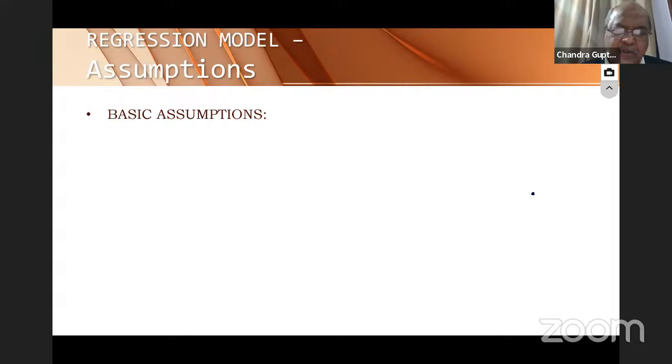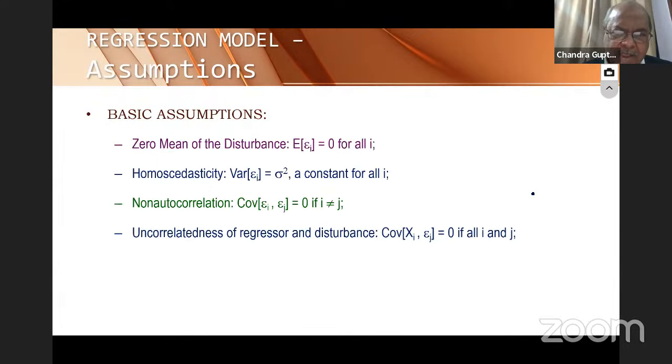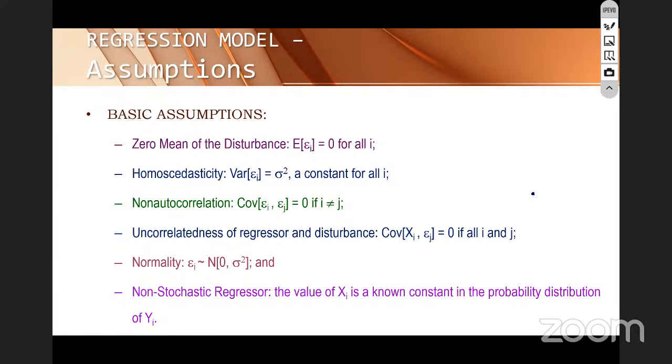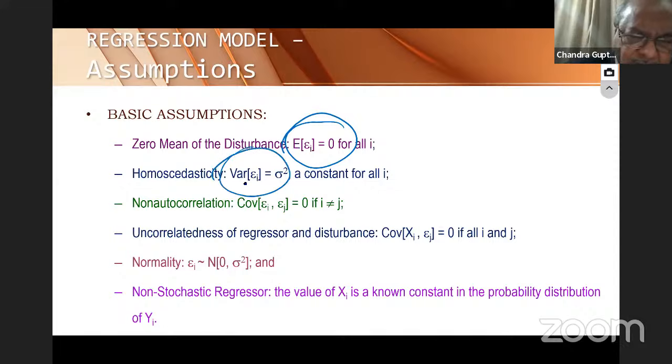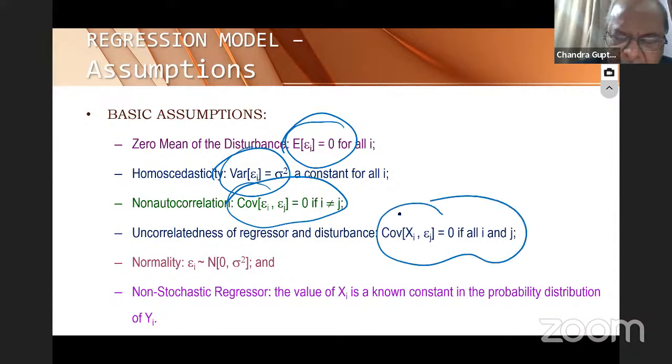Most of the assumptions you will find are about the error terms. Now, Kavita, I'm not very particular about which is the first, second, third, or fourth assumption, but I'm putting all the assumptions here. So friends, we assume that the mean of the error term is 0, variance is constant, covariance among the error terms is 0, covariance between x and the error term is 0, and the error term is normally distributed. We also assume that x's are given to us and are non-stochastic in nature.